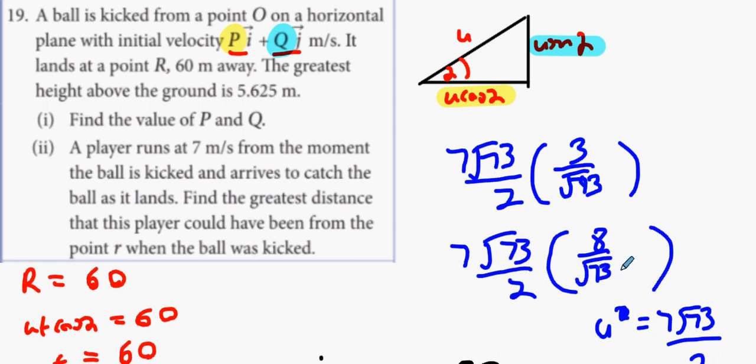Then what happens here? Cancel, cancel. 56 divided by 2 is 28. 21 divided by 2 is 10.5. Okay? So we want to check if that's the correct answer.